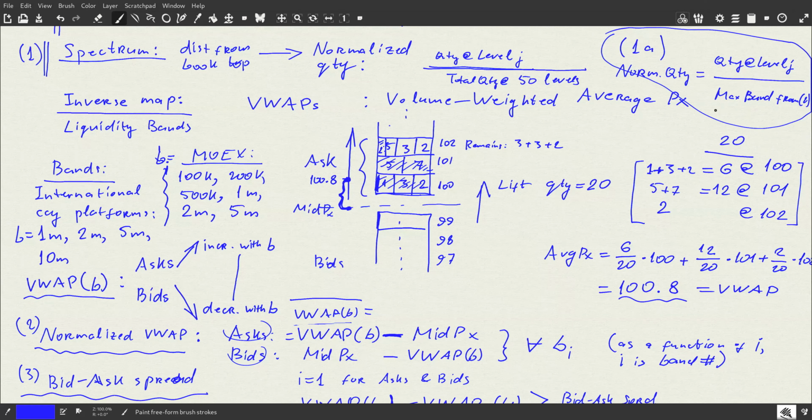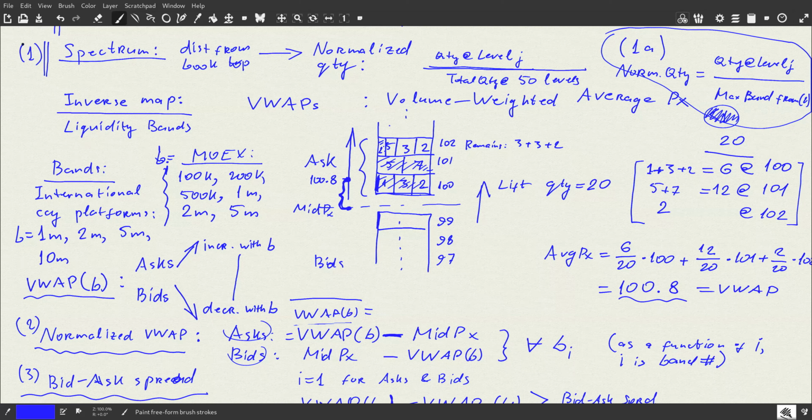And typically you would select the maximum band in such a way that this should be less than 1, and in most cases it will be less than 1 unless you are going very deep into the order book. So you can use this second kind of normalization in your spectrum, which is also important and also useful.